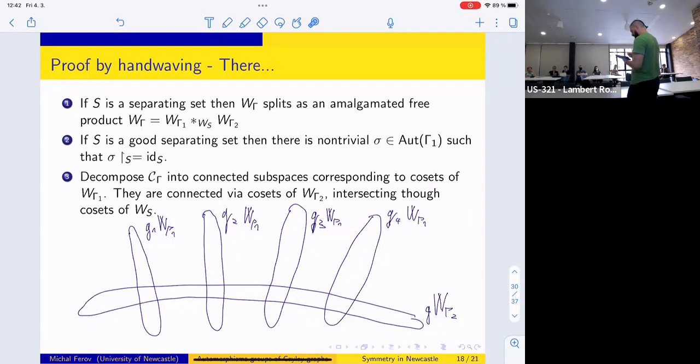And now the idea is that they intersect through these bits, and these correspond to the W's, the group over which we're amalgamating. So that's just how we should think about that Cayley graph. It's this bunch of subspaces, and then we are connecting them.